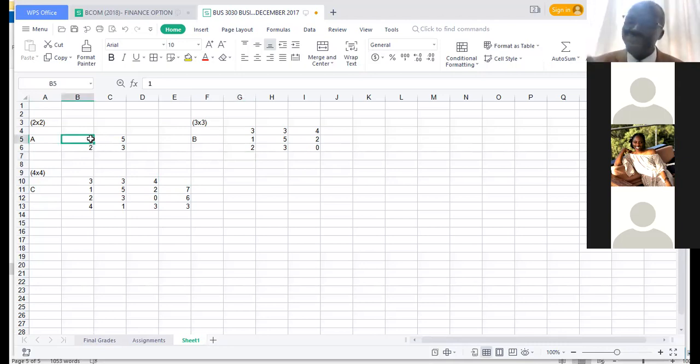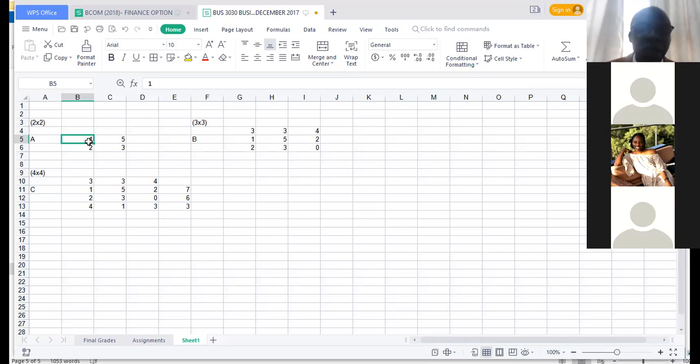Now you write this: an identity matrix is that matrix with all the elements in the leading diagonal as 1, and the rest 0. So can you repeat? An identity matrix is that matrix where all the elements in the leading diagonal are 1.